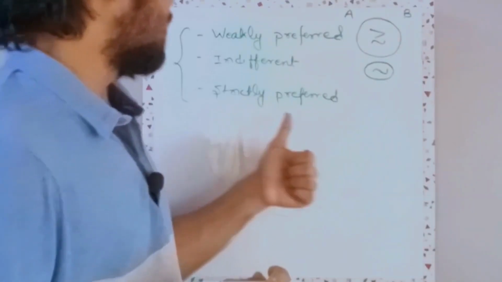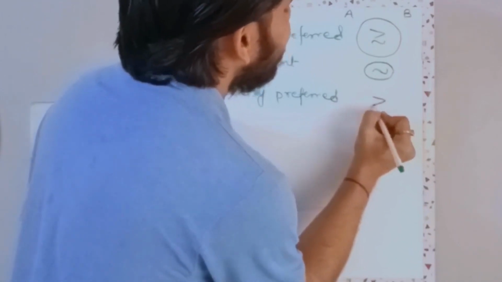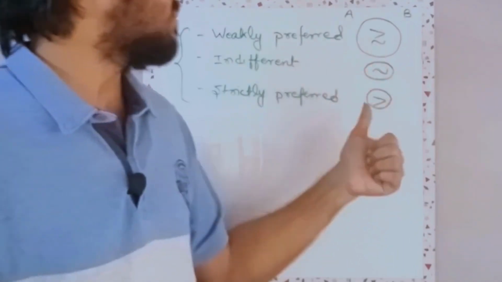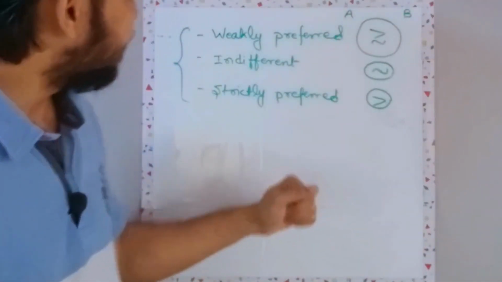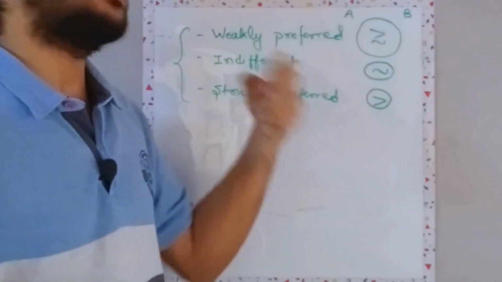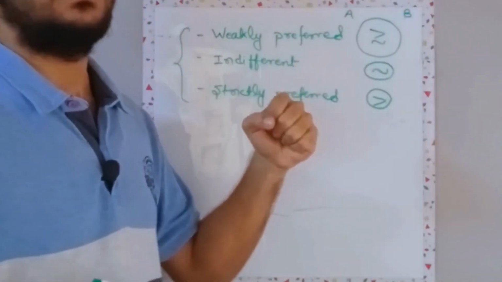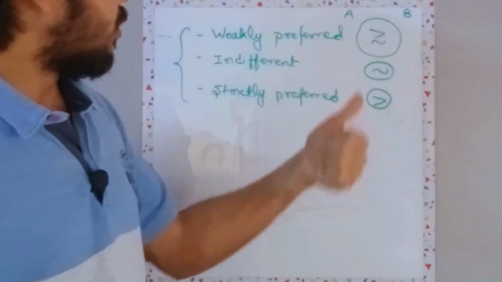Now what about strict preference? For strict preference, what you have to understand is I strictly prefer one of the consumption bundles. So over here I am strictly preferring A over B, right? So let's have a summary. Weak preference, denoted by this, means A is weakly preferred to B, which means A is either as good as B or greater than B. Now, what about indifference?